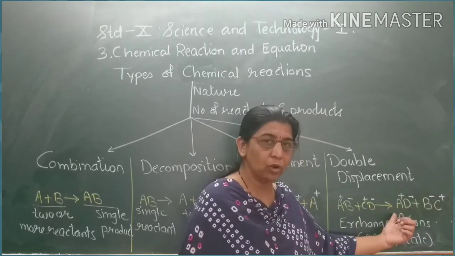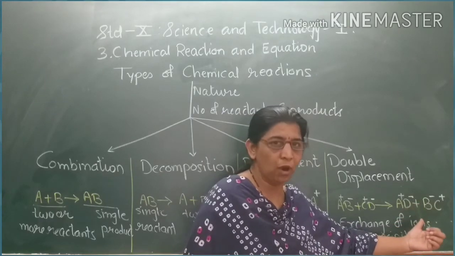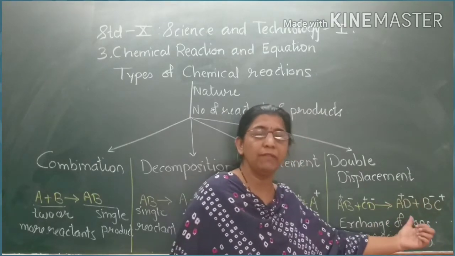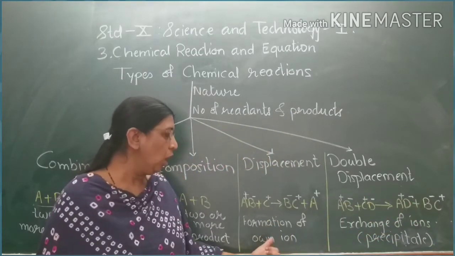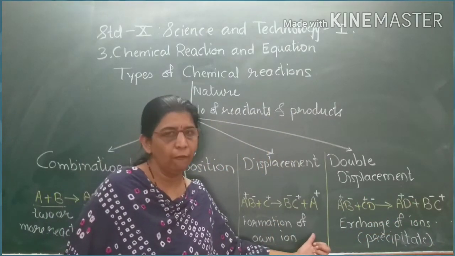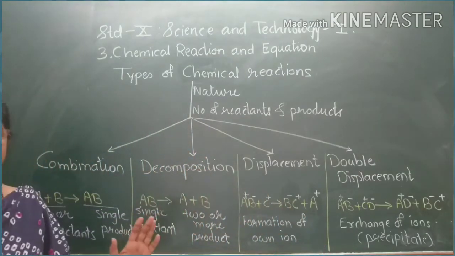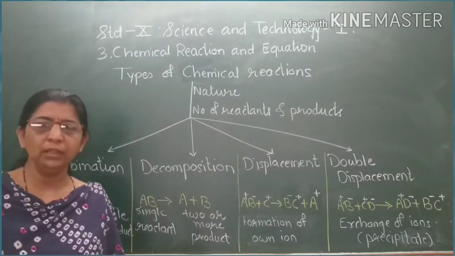When exchange of ions occurs, a precipitate is formed. In double displacement, always a precipitate is formed, whereas in displacement reaction, own ions are formed. So these are the four types. Let us study the types one by one in detail.